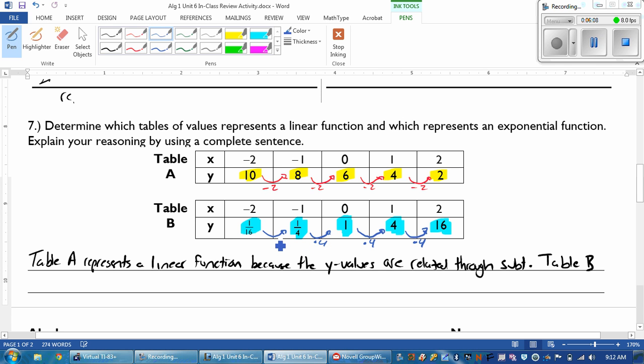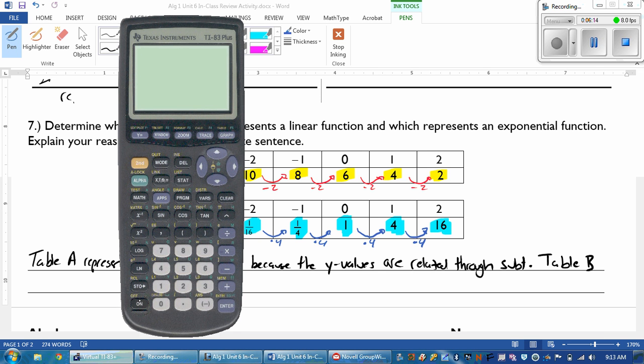When you're timesing all of these by 4, that means it's an exponential, okay? And if you don't believe me, let's try it on our calculator. What's 1/4 times 4? Oh, it's 1. 1 times 4 is 4. 4 times 4 is 16. If we multiplied it again, that would be our next number, okay?